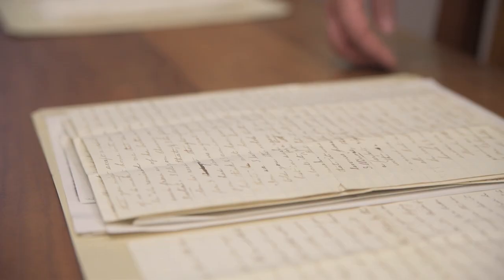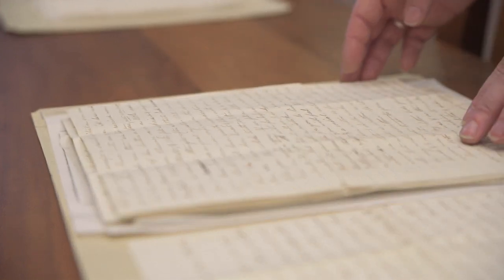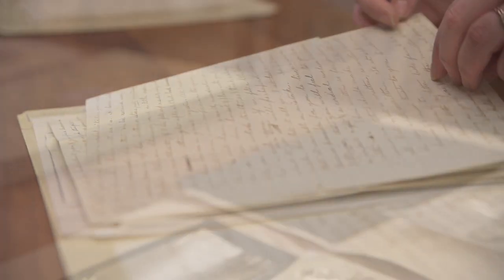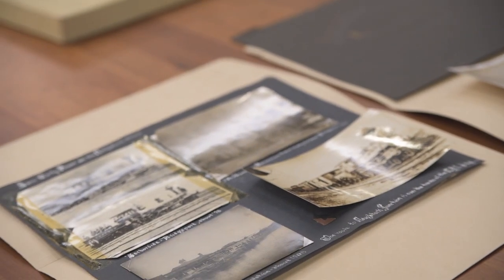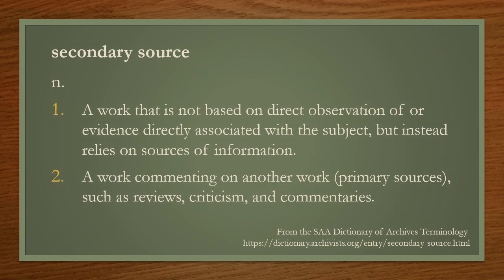Primary sources come in many formats and include both text-based documents like publications, letters, or diaries, and visual materials like photographs.